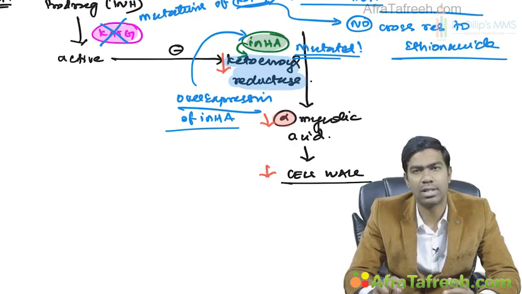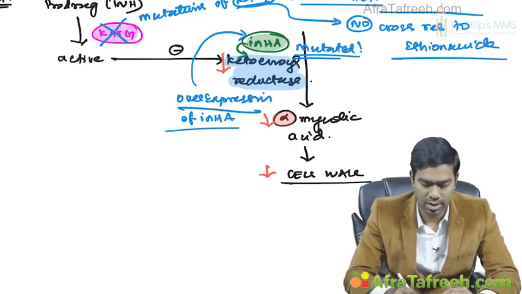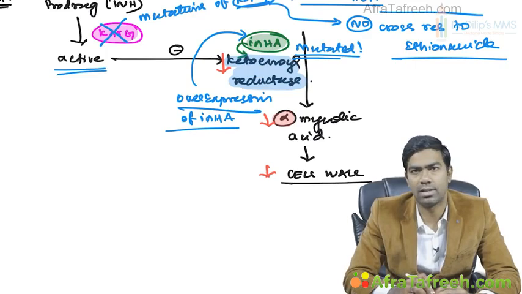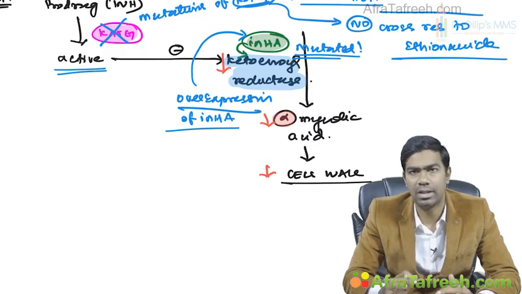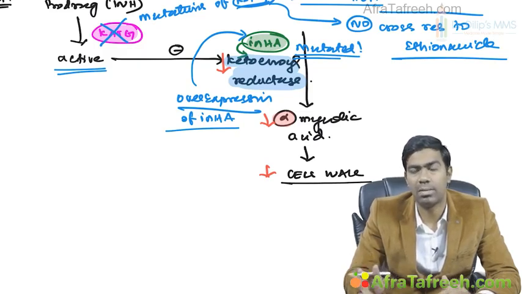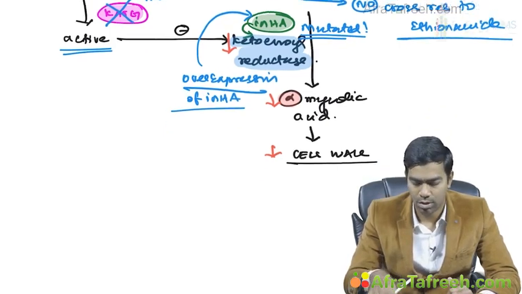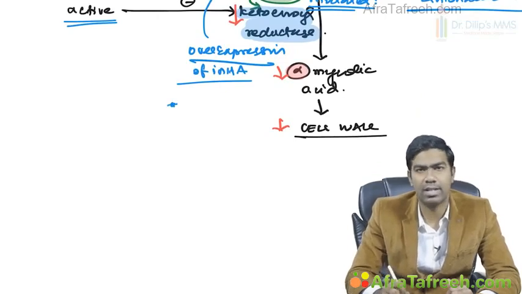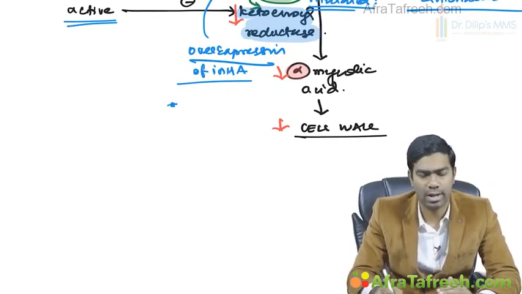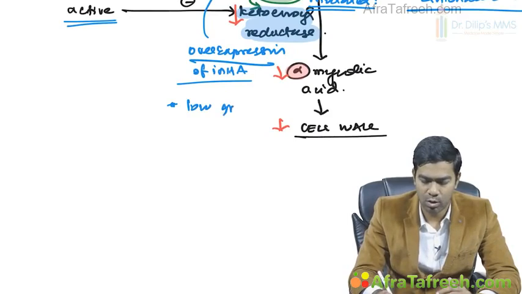Once they start producing this increased level of ketoenol reductase, even though pro-INH is getting converted to the active form of INH, that will not be sufficient to inhibit all the enzyme which the bacteria is trying to produce in excessive amounts. So overexpression of INHA typically will not lead to very high grade resistance. It will result in low grade resistance only.